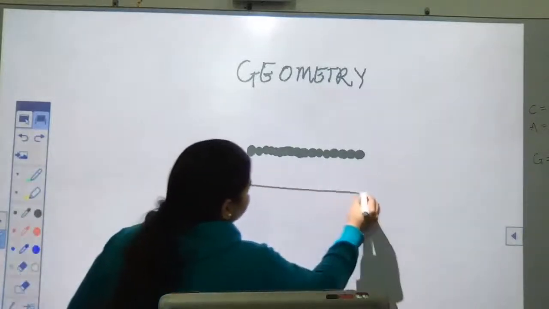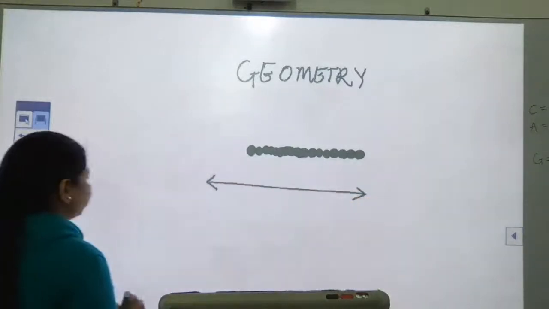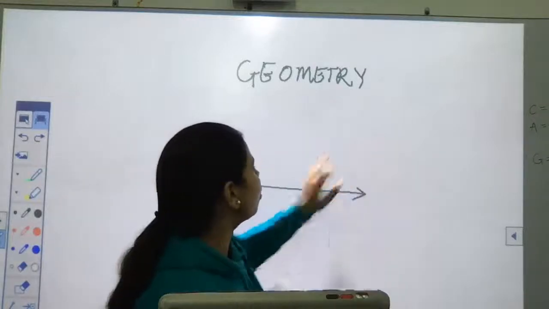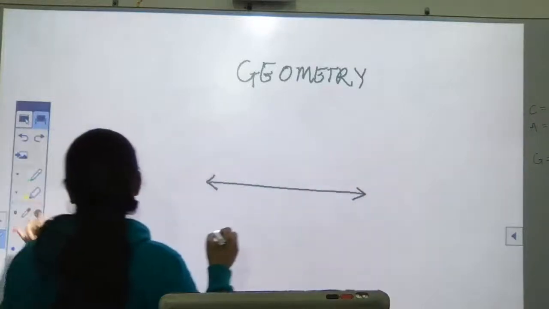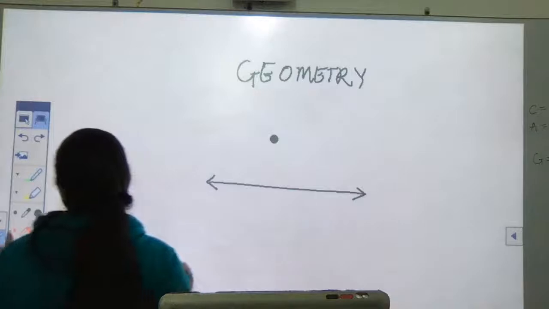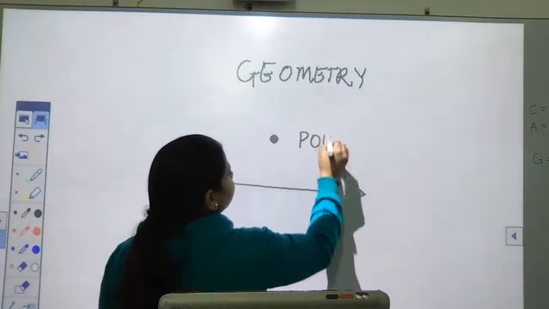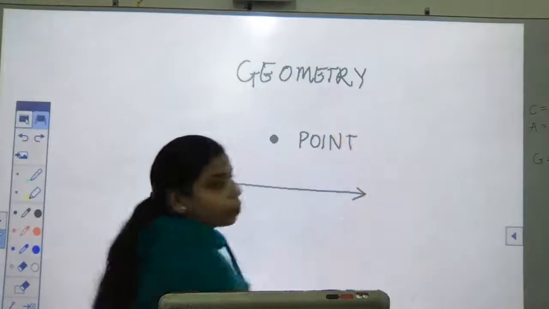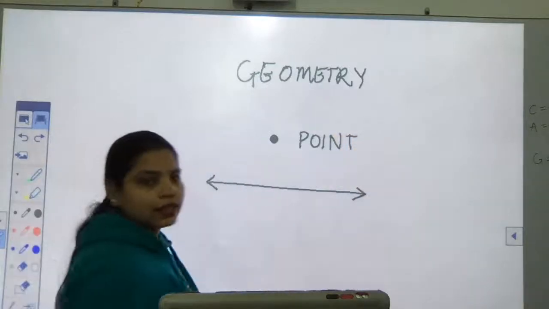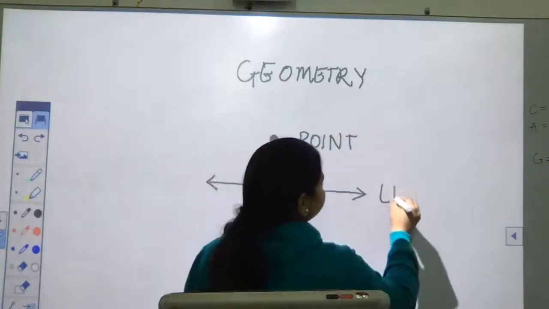So this is a line. When we join lots of points together, we form a line. This is a point, and this is nothing but a line.